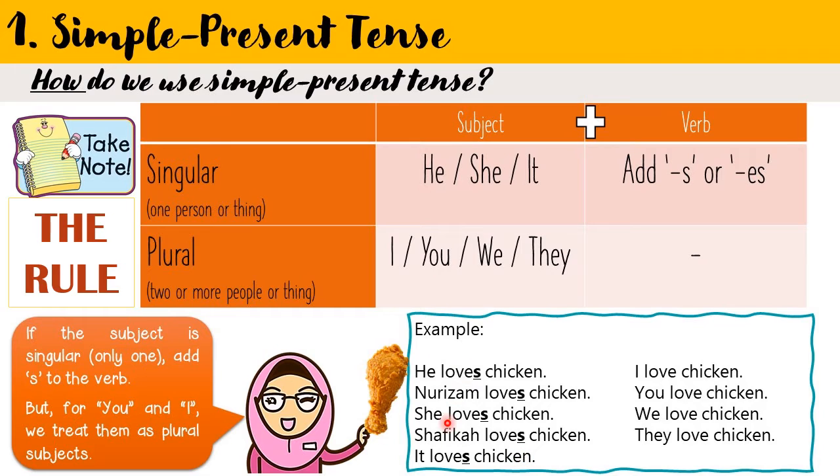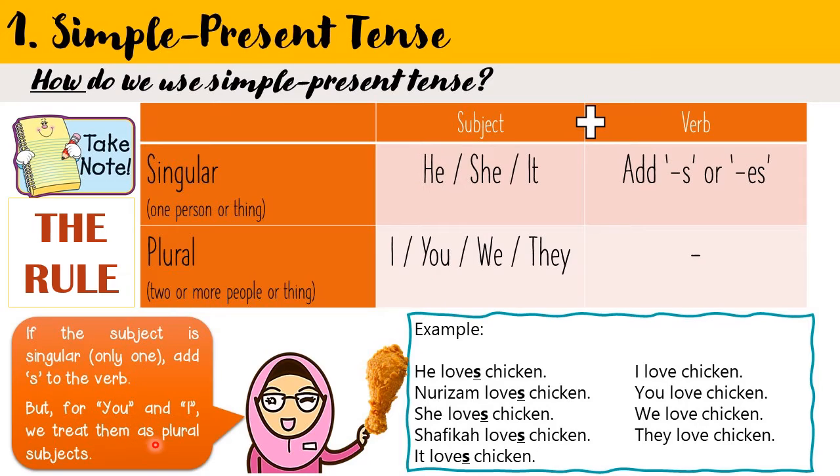So if the subject is only one, you add s or es to the verb. But if the subject is plural, so meaning there's two or more people or things, you don't add anything to the verb. But I and you, even though it's singular, it's always a special case, okay? So remember this.